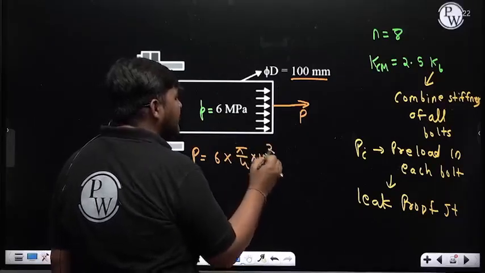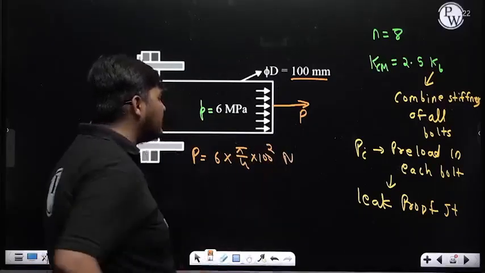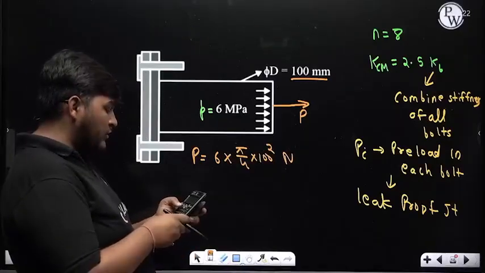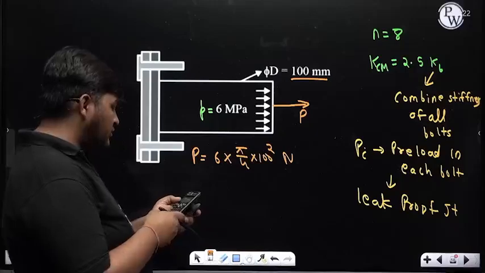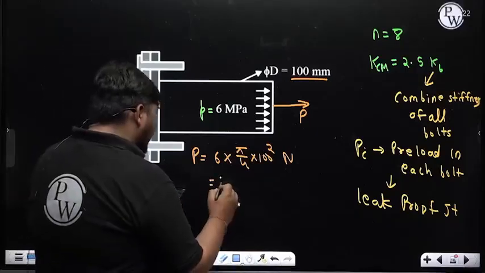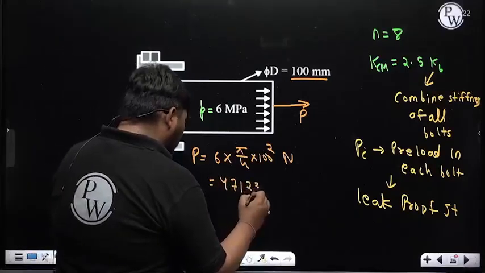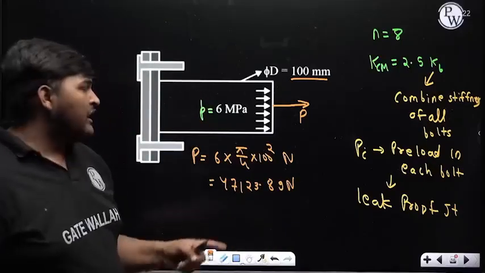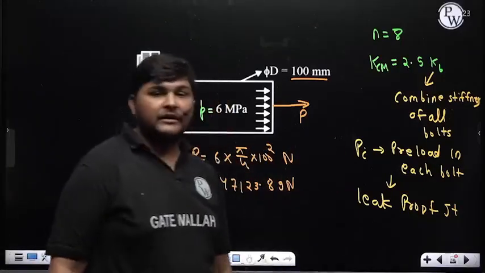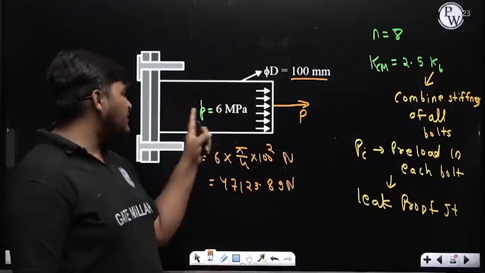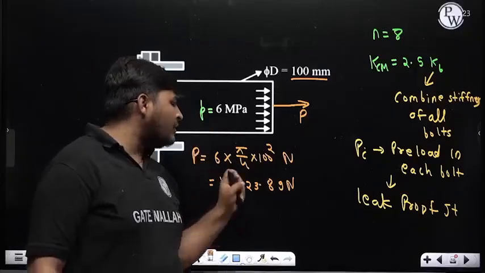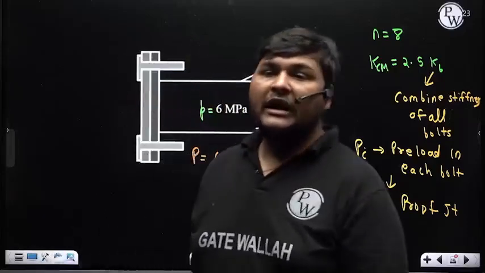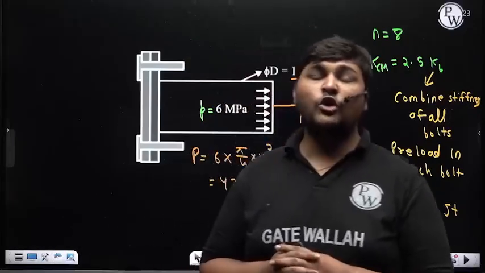This much of external tensile load is acting in this bolted assembly, and it is coming 47123.89 Newton. Now here preload in each bolt is Pi. Along with this, this assembly is also subjected to external tensile load P, whose value is 47123.89 Newton.